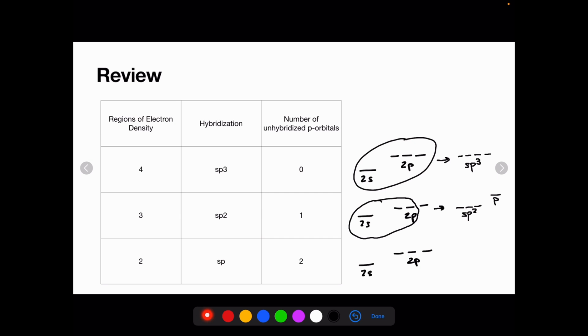If there are 2 regions of electron density, the 2s orbital and 1 2p orbital hybridize, forming 2 sp orbitals, which leaves 2 p orbitals unhybridized.